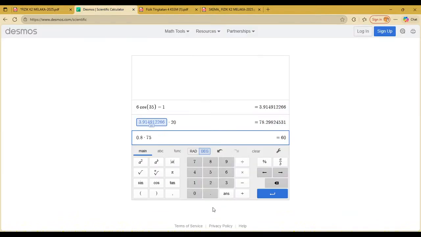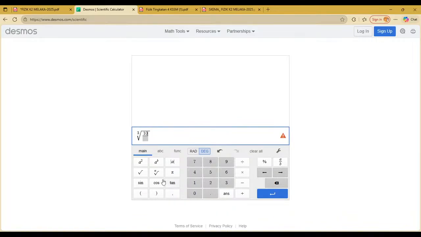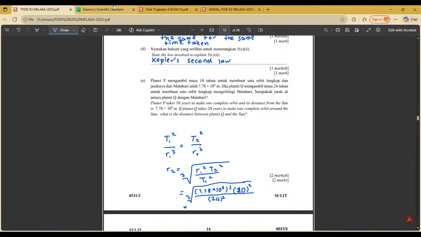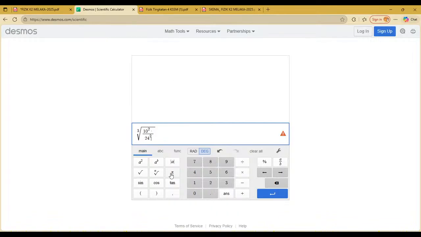That's more. Cube root or... 7.78 times 10 to the 8.